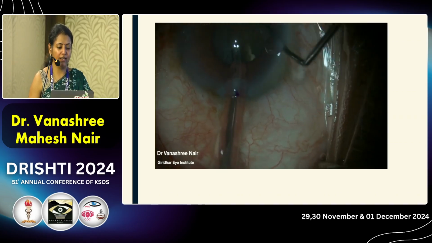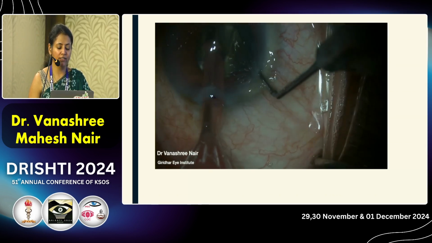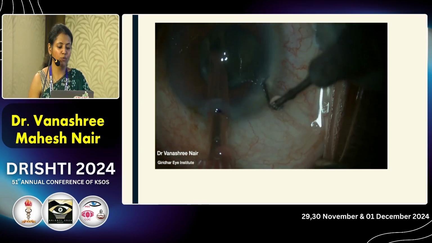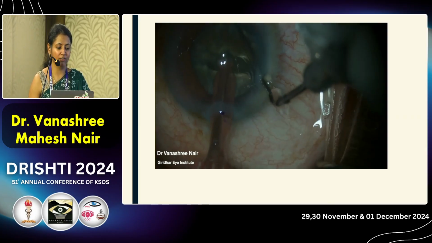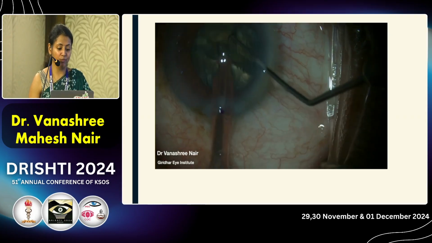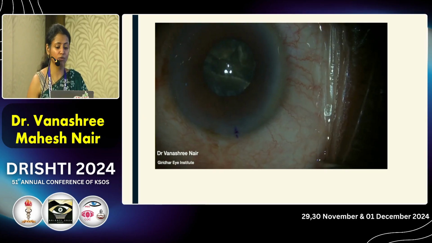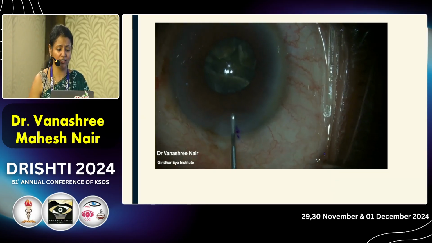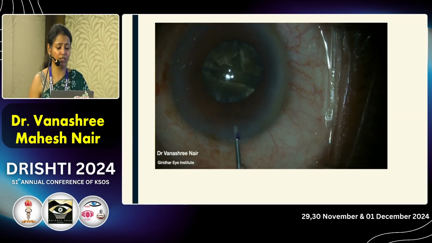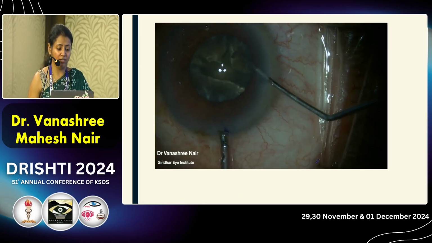I proceed ahead with my trench, dividing the nucleus, and as you can see the pupil keeps coming down in between when the chamber is not completely stable. When I come out, you can see that the pupil has come down. I wanted to put more heavy dispersive viscoelastic, so that the iris remains down and doesn't come out of the wounds. So I go in again, I do the sub-chops.